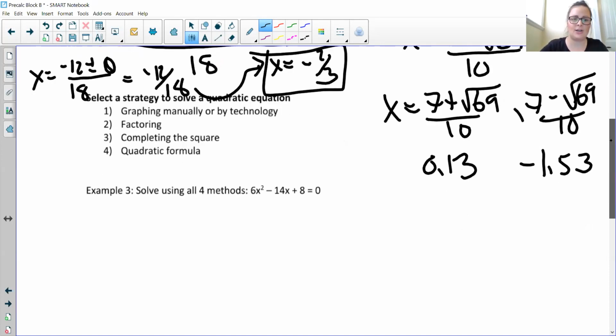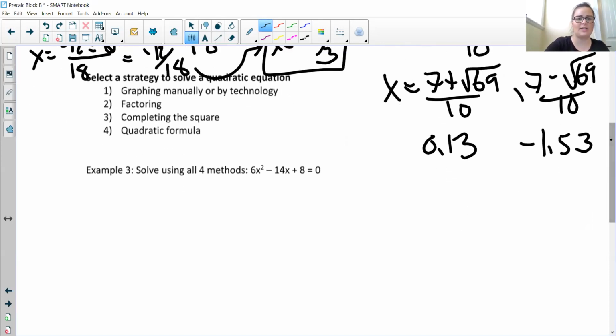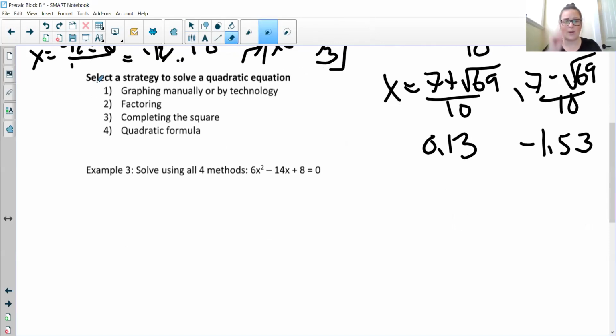For this question, what I wanted you to do at the end is practice all the different strategies for solving a quadratic equation. There are 4 ways you can solve. You can graph it manually or with technology. You can factor it and find the answers that way.